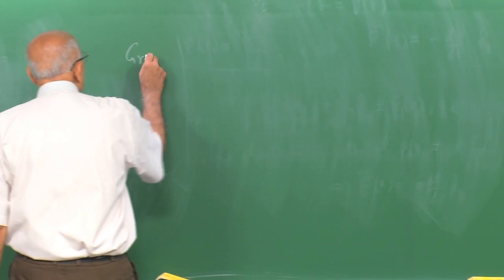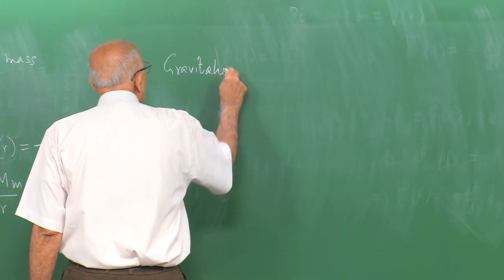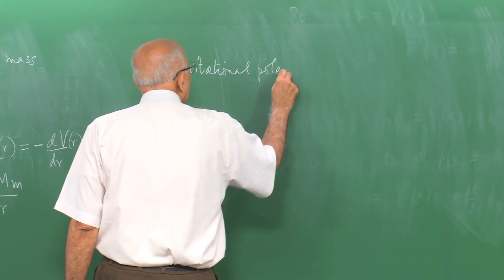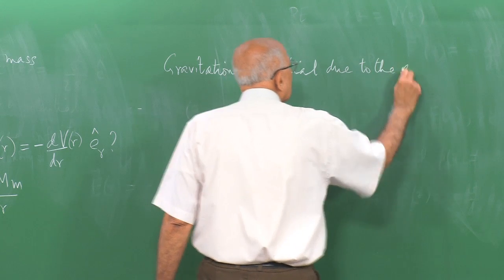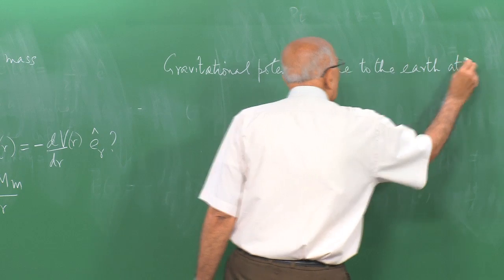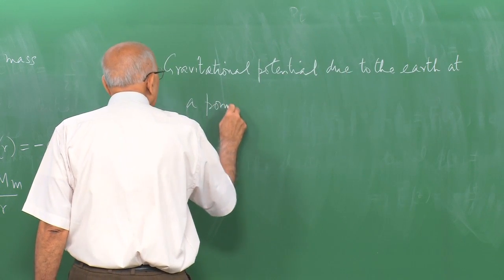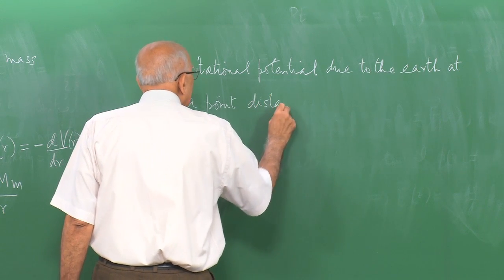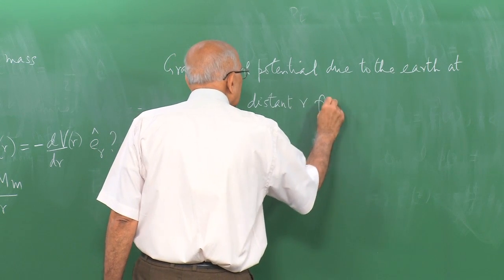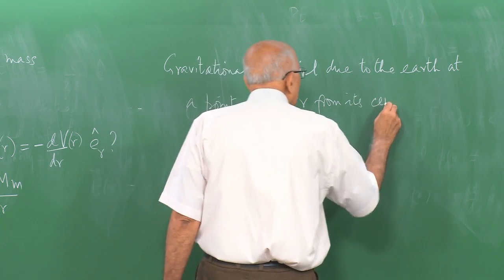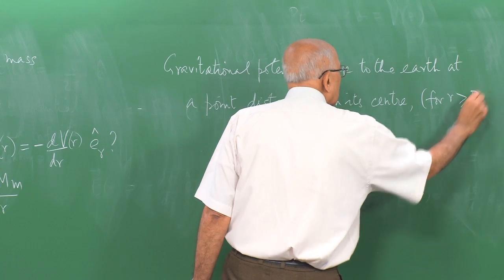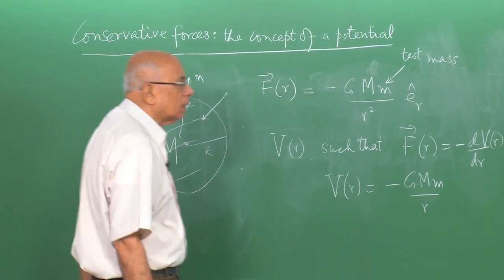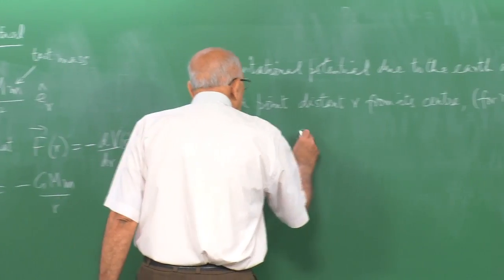The gravitational potential due to the Earth at a point distant r from its center, for r greater than or equal to capital R. We need to have the force due to the entire distribution, the full mass of the Earth. This quantity is phi of r.